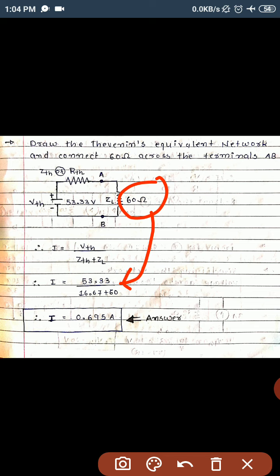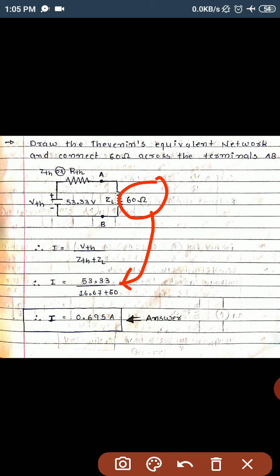So the total current flowing through the 60 ohm resistor, capital I equals 0.695 ampere, using the Thevenin theorem. Again we recall what we should do. We remove network B, open the terminal and calculate VTH. The second step is to calculate ZTH, shorting or opening sources to make a purely resistive circuit.